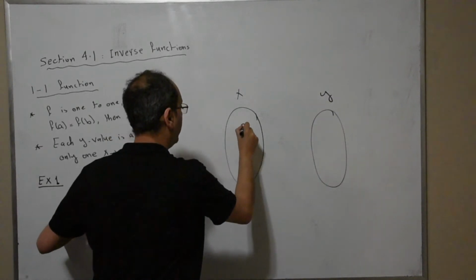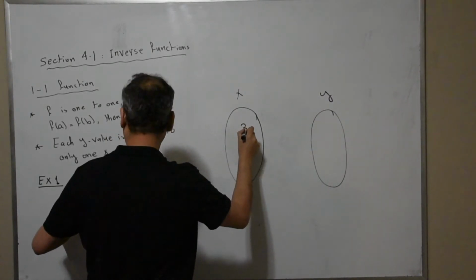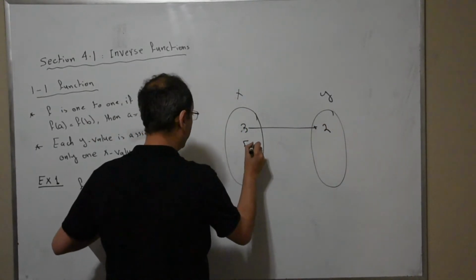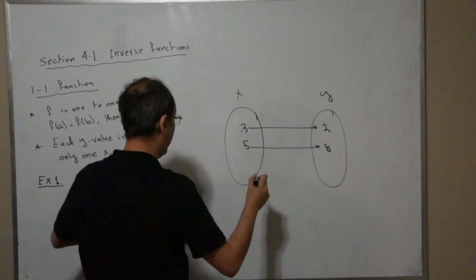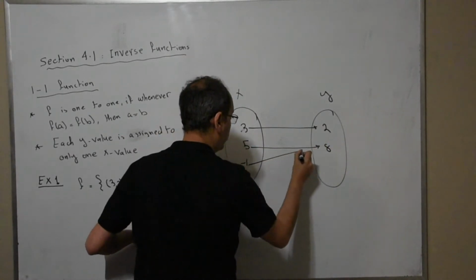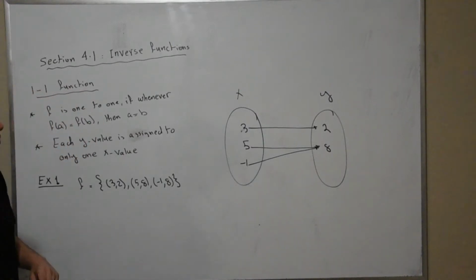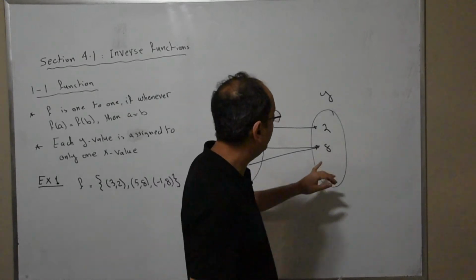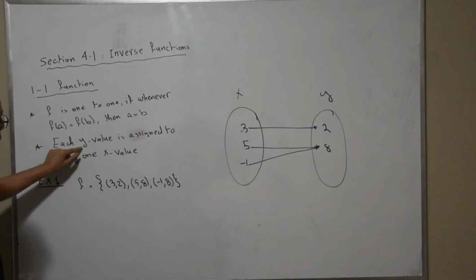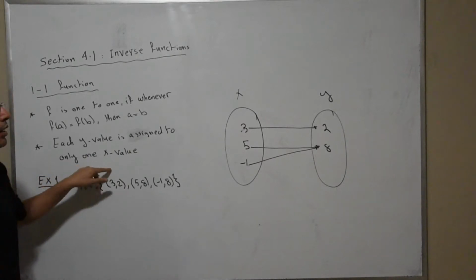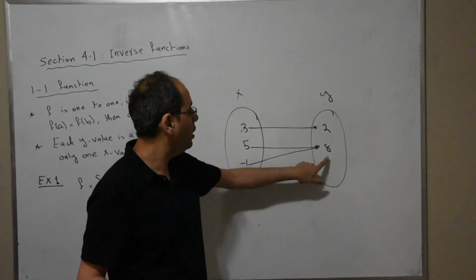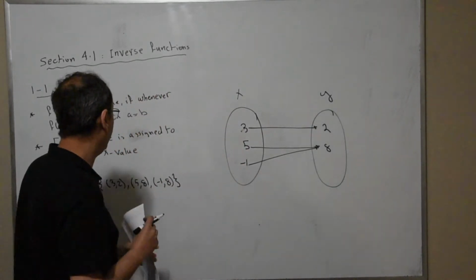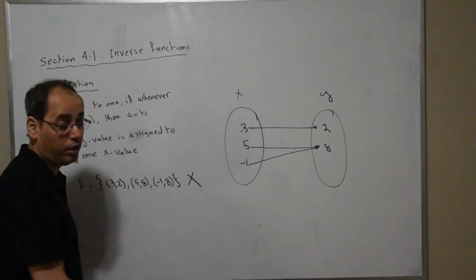I have 3 connected to 2, and I have 5 connected to 8, and I have negative 1 connected also to 8. So two x values are connected to one y value. That disagrees with the definition that each y value is assigned to only one x value. So 8 is not assigned to only one x value, but it's assigned to 5 and negative 1. Therefore, f is not one-to-one.